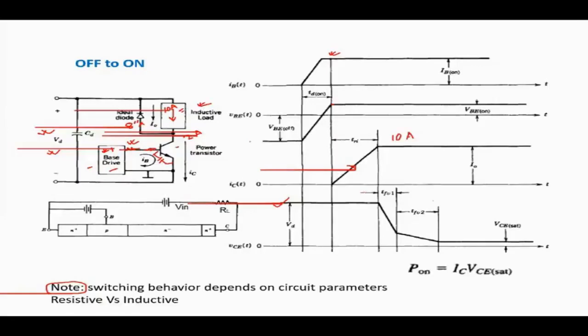And as a result, the voltage across the device should be the same as your VD, because when the diode is forward biased, voltage across it we are assuming to be 0. Now, once the collector current tries to exceed this 10 ampere, then only this diode gets turned off. And then first your device goes to the active zone, then quasi saturation zone, then finally it reaches your hard saturation zone.